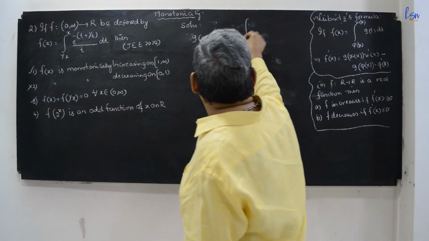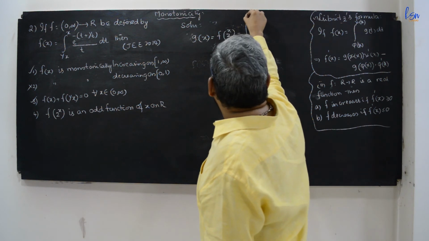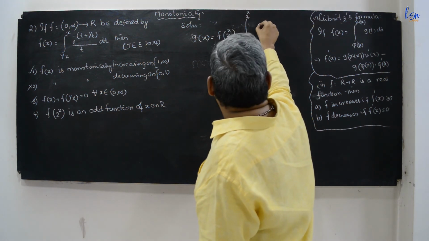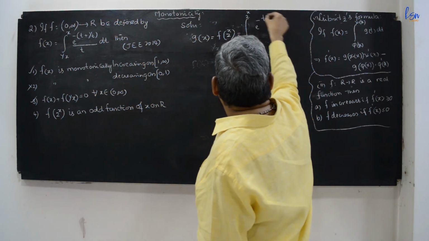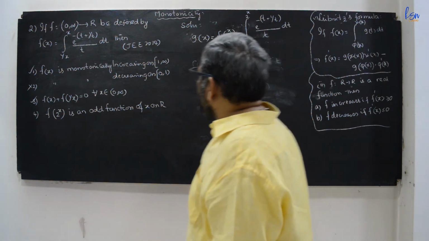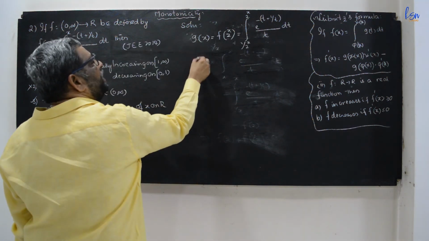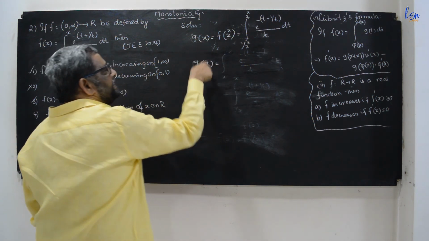That is integral 1 by 2 to the power of x to 2 to the power of x of e to the power of minus t plus 1 by t, by t dt. Now to check whether it is an odd function or not, we will consider g of minus x. Replace x with minus x in gx.